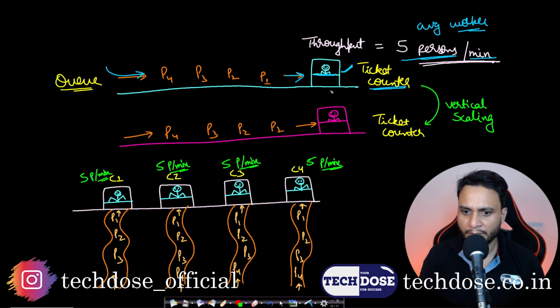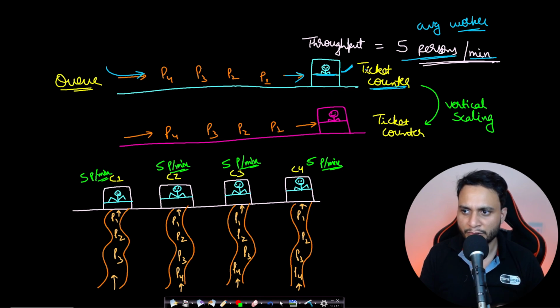Now if we as the owner want to increase the number of tickets per minute that can be handled at the ticket counter, then we may hire somebody more efficient. Let's say we have hired one of the most efficient persons, who is 2 times faster than the previous average employee, and he can give a throughput of 10 tickets per minute. So this is the throughput of this person who is one of the fastest.